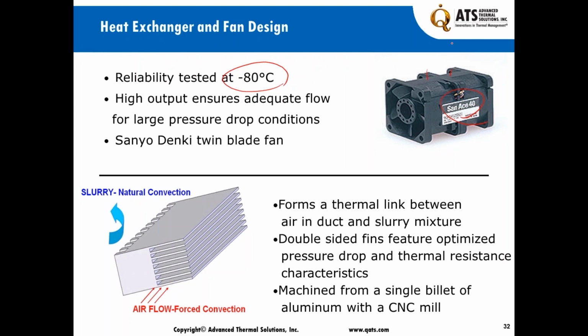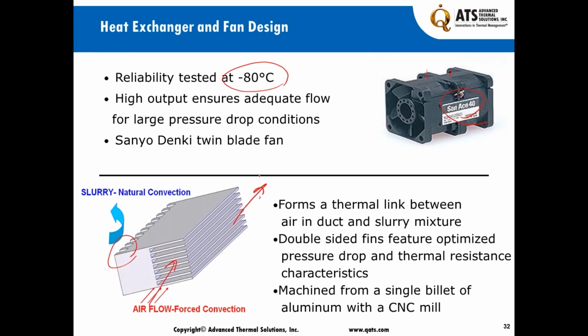And on the design of the heat exchanger, you can see that there is a longer fin where the airflow is going out, and then shorter fins on the back side where it was inserted into the slurry to cool it effectively. The fans were used to move the air through the upper portion of the heatsink.